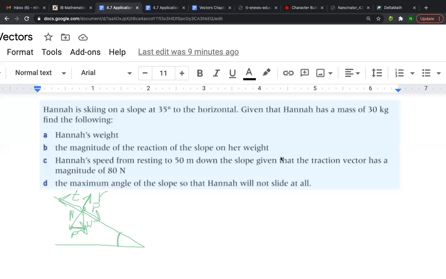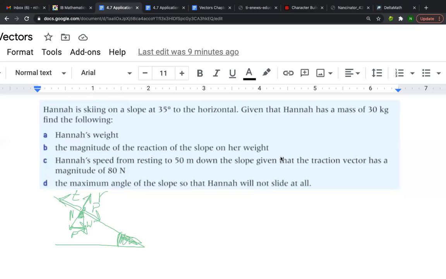And there's a little angle here. This angle should match this angle, which will help us set up some of our equations. So N is the perpendicular projection of W to the normal to the slope.